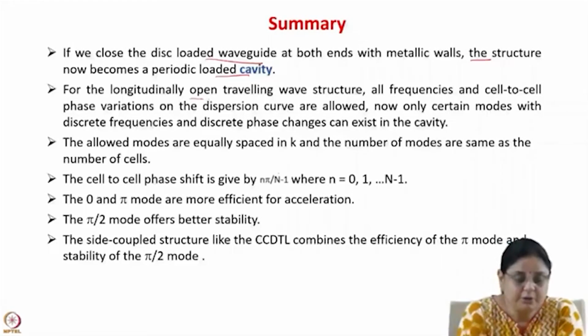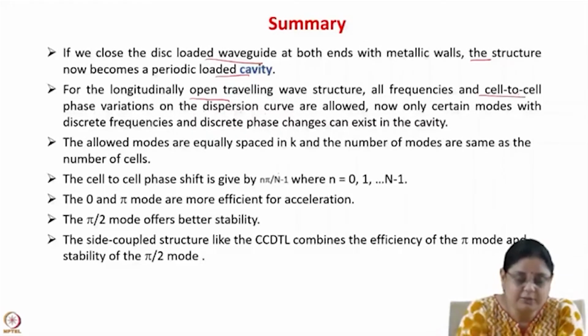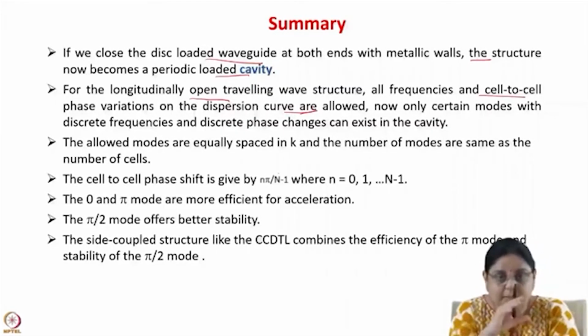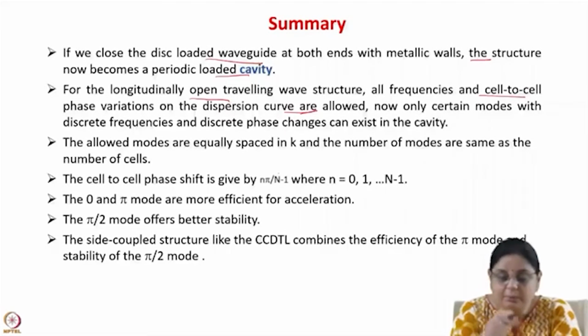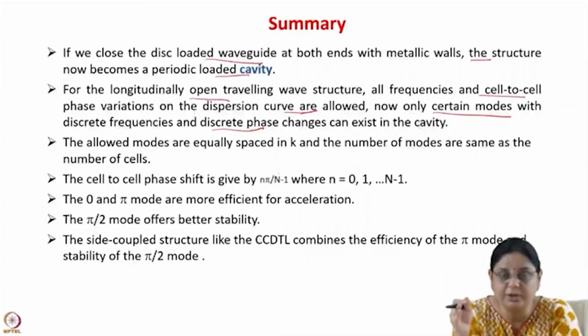For the longitudinally open traveling wave structure, all frequencies and cell-to-cell phase variations of the dispersion curve are allowed. So for a traveling wave structure, all frequencies in the passband are allowed. But for the periodically loaded cavity, only certain modes with discrete frequencies and discrete phase changes exist in the cavity because of the additional boundary condition at the ends of the cavity.